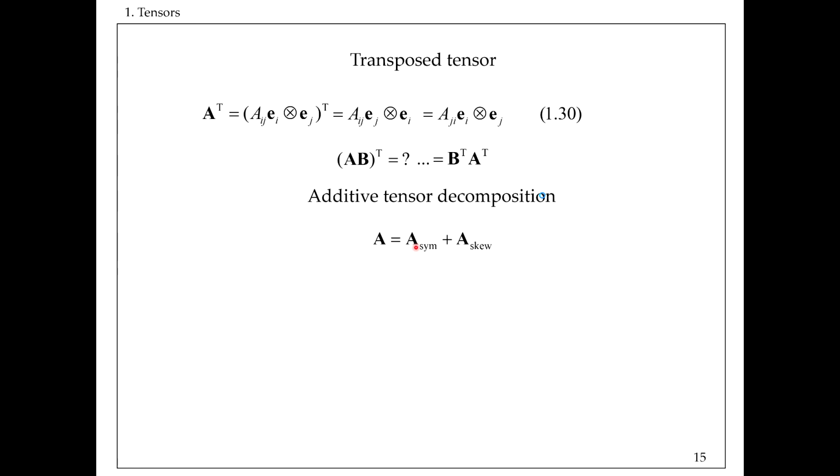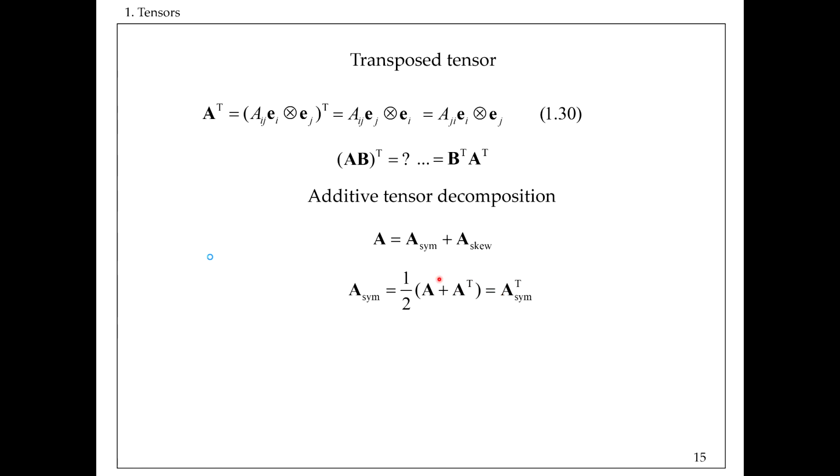For the symmetric part, the definition will be this: A plus A transpose with a coefficient of one half. That will be exactly the same as if we take this and transpose it, right? And that of course makes sense.